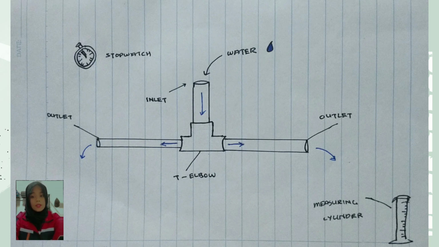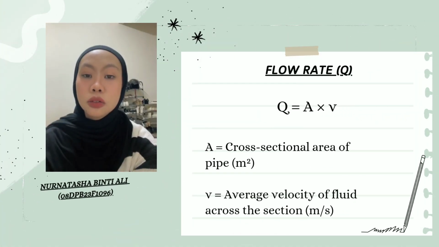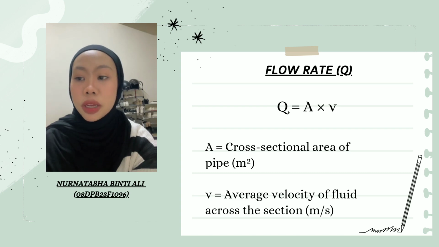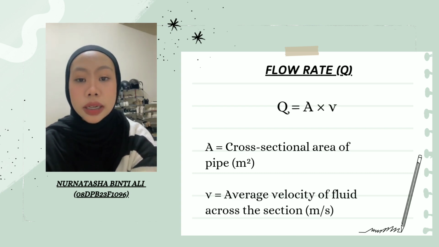More water will likely exit through the larger diameter outlet, with flow rate differing based on outlet size, pressure, and resistance. So flow rate is Q = A × V, where A is the cross-sectional area of the pipe, and V is the average velocity of the fluid across the section.